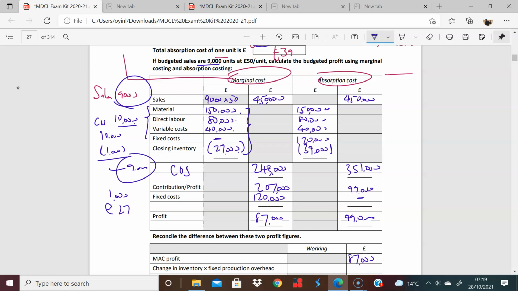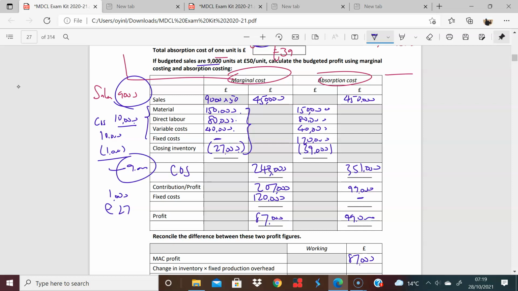But some of this fixed cost here is in the closing inventory. And the closing inventory, if you think about it, shifts into the next period. So you have inventory with a fixed cost element that's not going through this year. It's escaped. It's managed to tag on to that inventory and move into the next period.